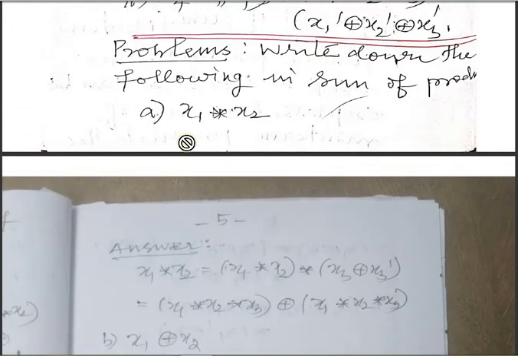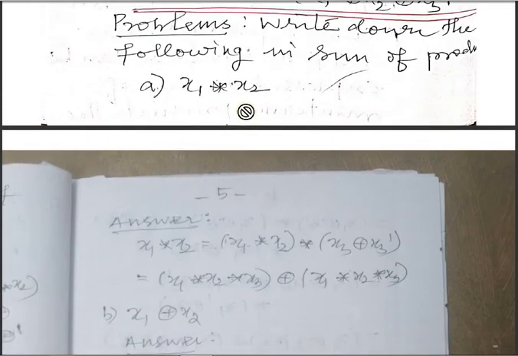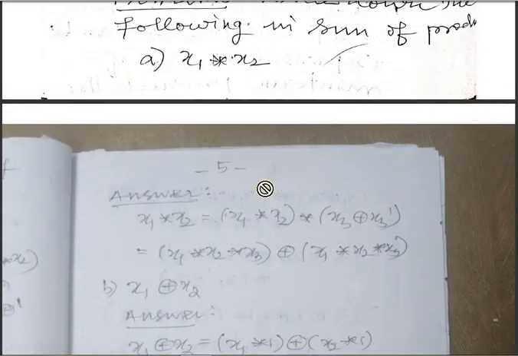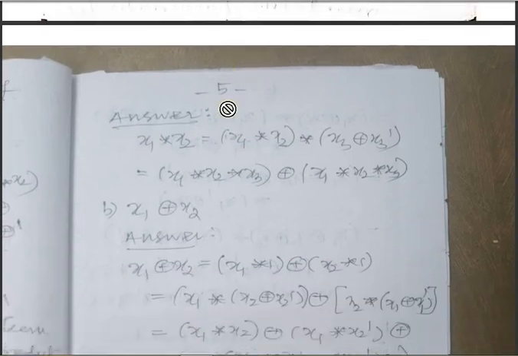Okay, now look at this. This is what? A Boolean expression. Am I correct? x1 meet x2. Can we write this as sum of products? Yes, we can. Now look at this here: x1 meet x2 equals x1 meet x2 meet 1.